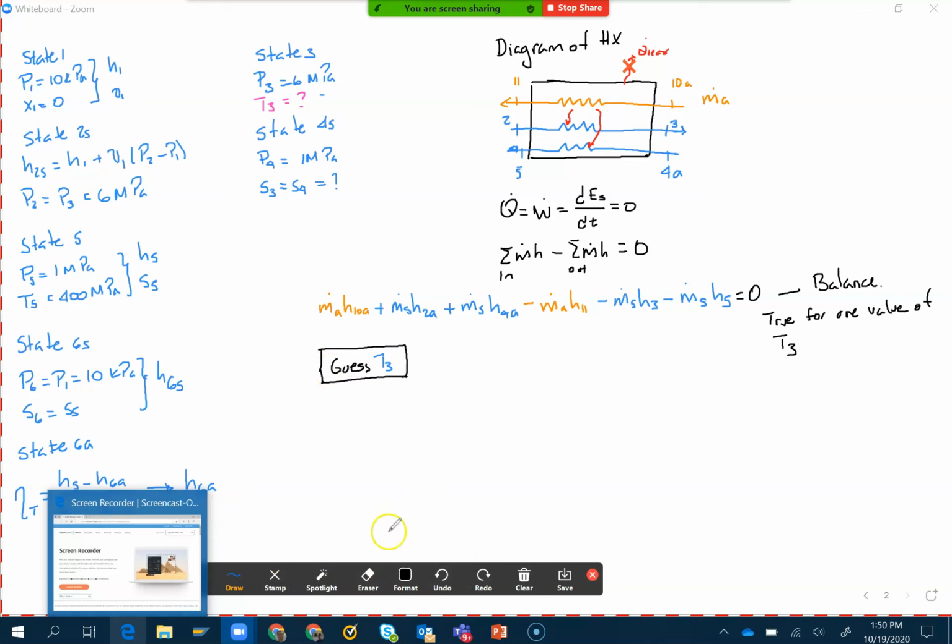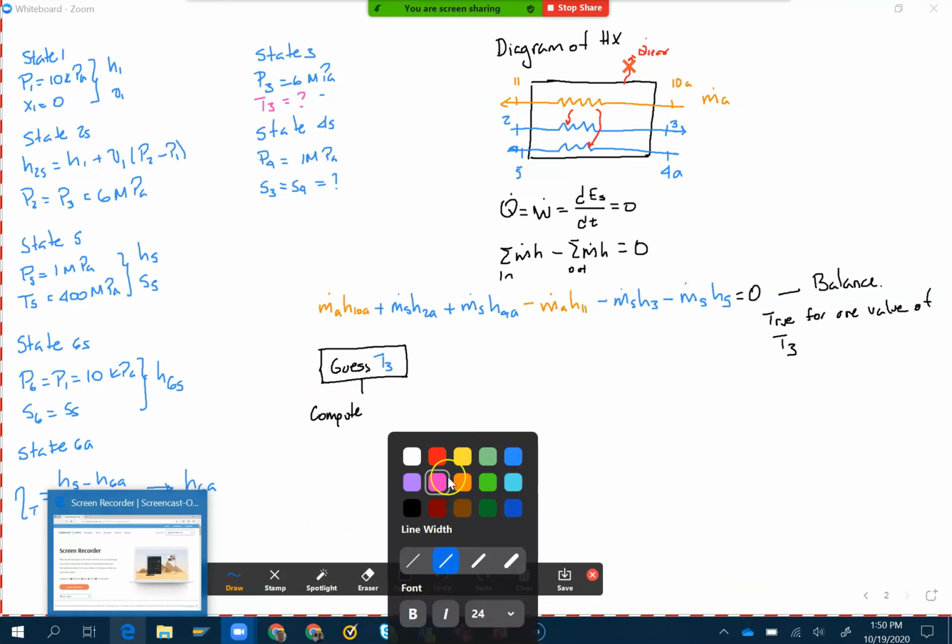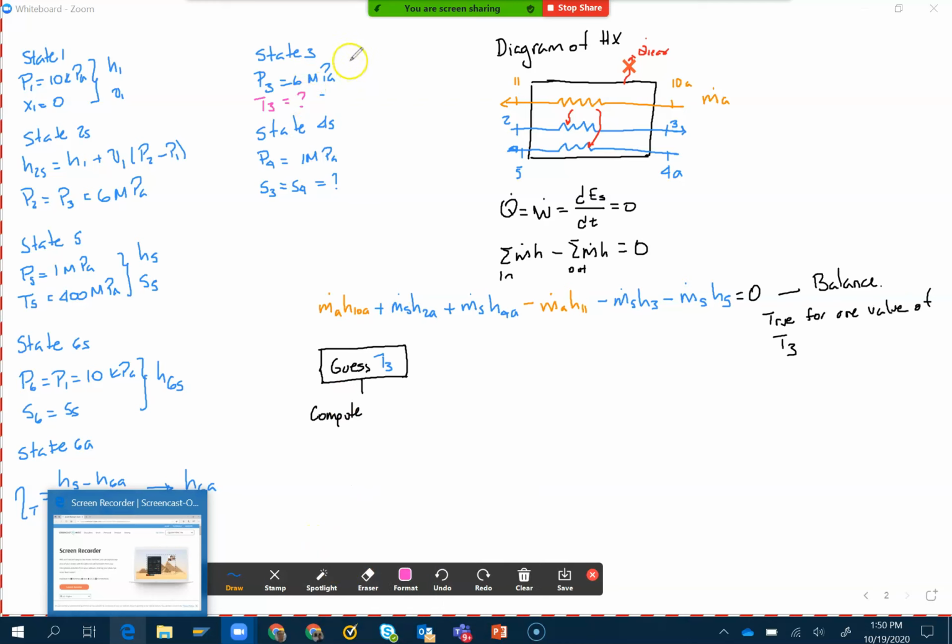As we know T3, then we can compute H3 and S3, because now this is given, right? Since it's given, we can compute H3 and S3. Now, since we know this, we can compute H4s.